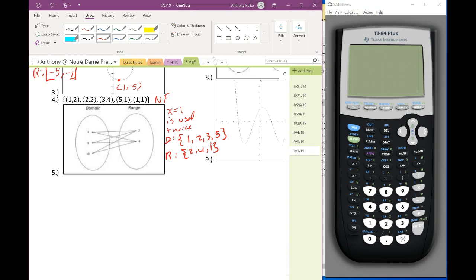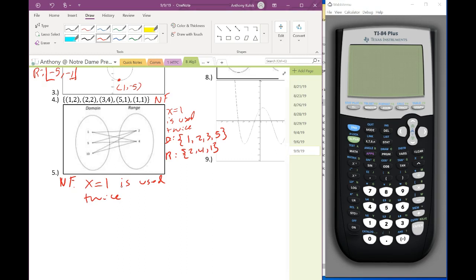Let's take a look at number 5 then. Is 5 a function? No. Good. Why not? Good. So you could say that, or we could just be specific and say x equals 1, for example, is used twice. Everybody okay with that idea?